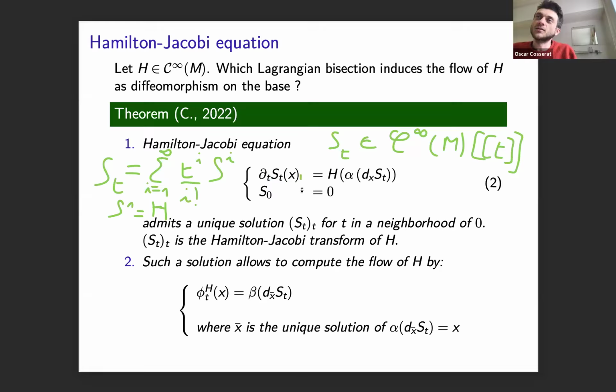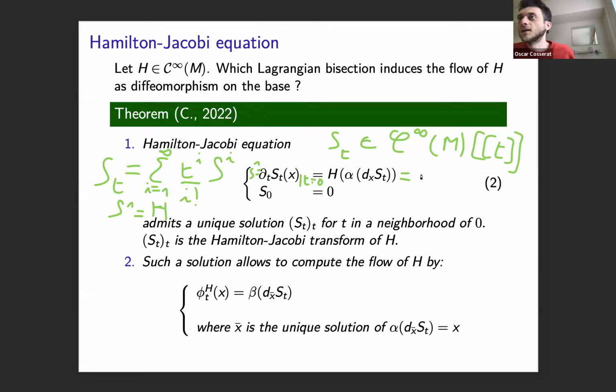Now let us look at equation 2. If you set t equals 0, on the left-hand side you will get S_1. And on the right-hand side, if you fix t equals 0, then you will have d_x of S_0, which is 0.